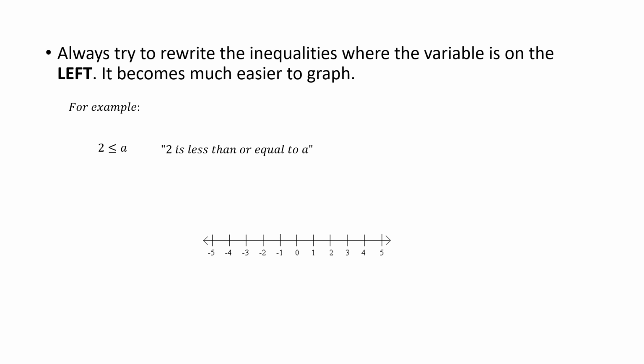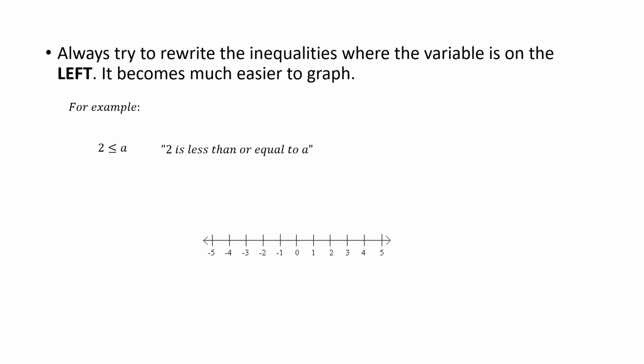So we're always going to want to try to rewrite the inequalities where the variable is on the left. It becomes much easier to graph. I think it's really hard in my brain to understand what's really happening when that variable is on the right. So anytime I have it on the right, I want to rewrite it to the left. And so I like to look at the inequalities as an alligator.